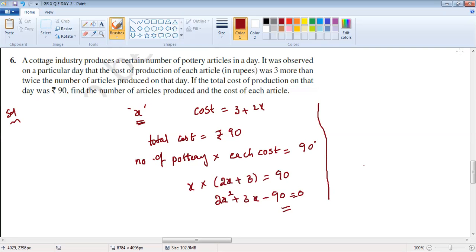So when you multiply, it is minus 180, which is 2 into 90. So tell me. You can take it 180 like this. Sir, x is equal to 6.